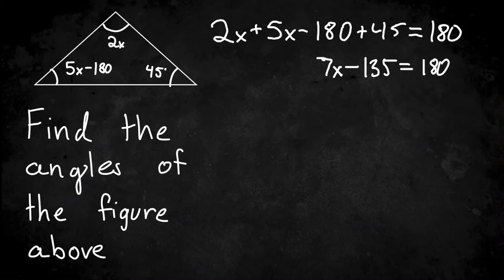So now what we're going to do is use something called inverse operations. For example, we are subtracting 135, so instead of that, we are going to add, right? And since we're adding on this side, we also have to do it on the other side of the equation to keep the balance, right?